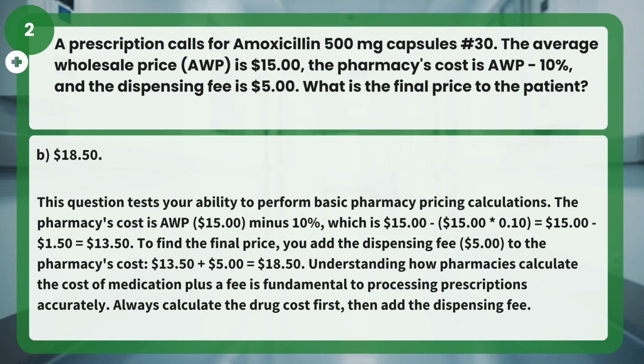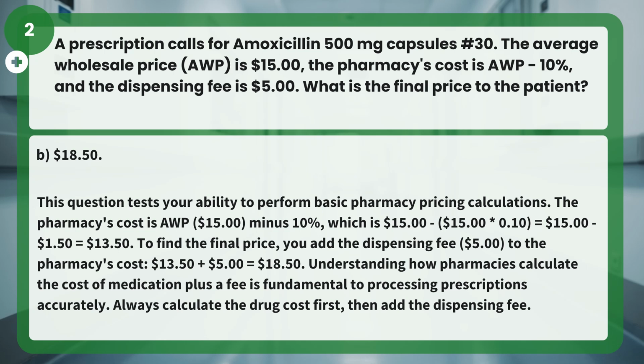The pharmacy's cost is AWP $15.00 minus 10%, which is $15.00 times 0.10 equals $1.50, so $15.00 minus $1.50 equals $13.50.